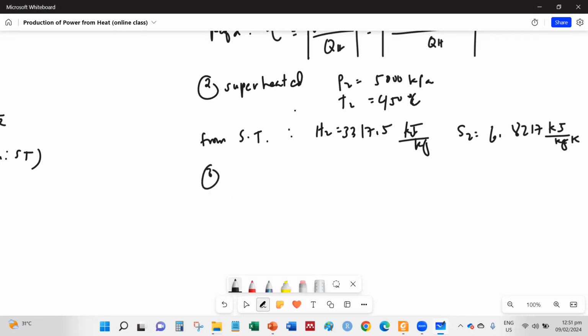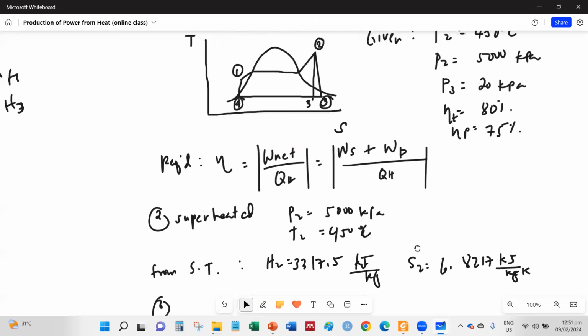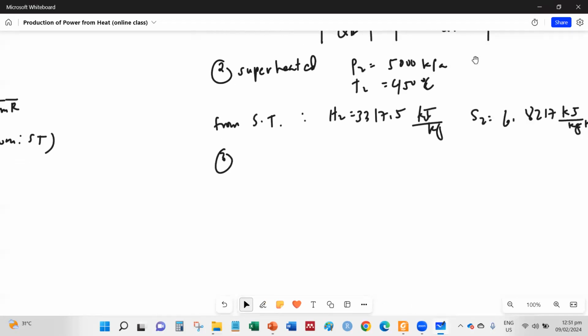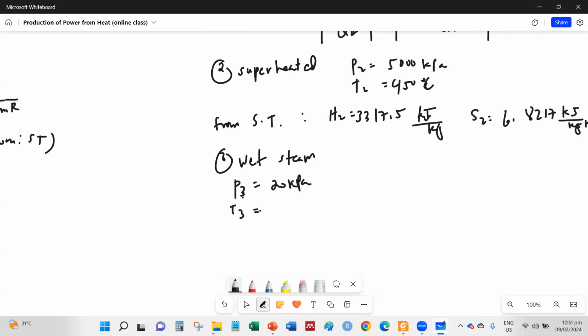For point 3, what is point 3? Wet steam. So we know that P3 is 20 kilopascals. Automatically, since it's saturated, we would know from the saturated properties in the steam table that T3 is 60.09 degrees Celsius.